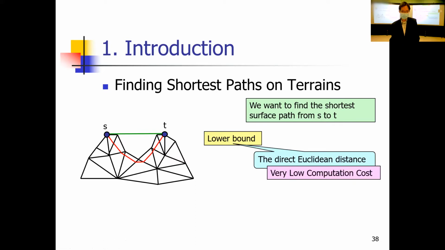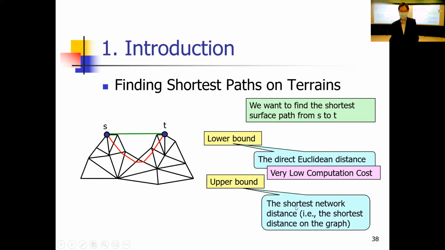You also understand that with just two points, we just compute the Euclidean distance, so the computation cost is very low, very fast. Also, one common upper bound of the shortest distance used in the literature is as follows. They would like to find the shortest network distance, that is the shortest distance on the graph. What's that? Now take a look at the left-hand side. We can see a lot of black color edges or lines, and this is just like a graph.